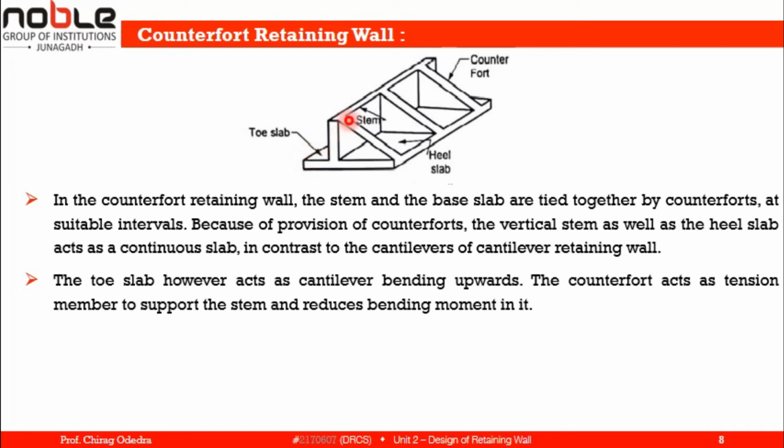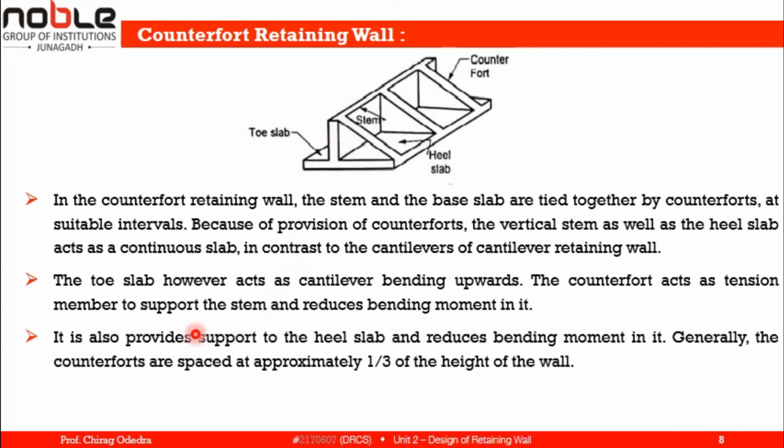But here, the counterfort acts as a tension member to support the stem, and this counterfort reduces the bending moment in the stem also, and it also provides support to the heel slab and reduces the bending moment in it.